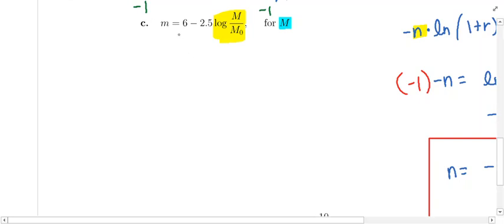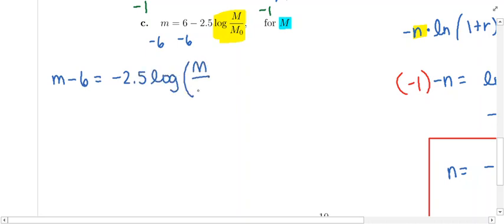So what I'm going to do is work my way outside in. So I have a positive 6. I'm going to go ahead and subtract it on both sides. I'm going to get m minus 6 is equal to negative 2.5 times the log of M over M0. The logarithm is being multiplied by negative 2.5, so I'm going to go ahead and divide by that quantity.